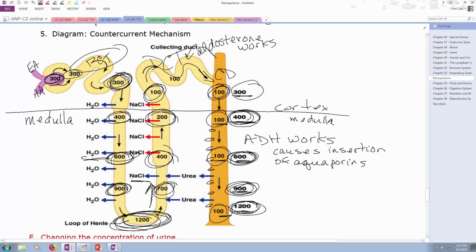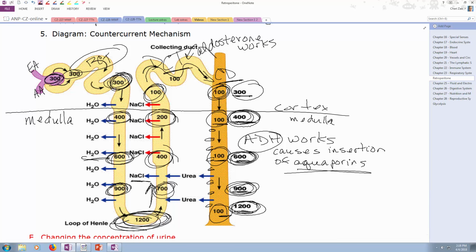And so what's important is that antidiuretic hormone is going to be responsible for causing the insertion of aquaporins into the luminal side of the cells of our predominantly collecting duct, but also it will have some impact on aquaporins in the distal convoluted tubule.